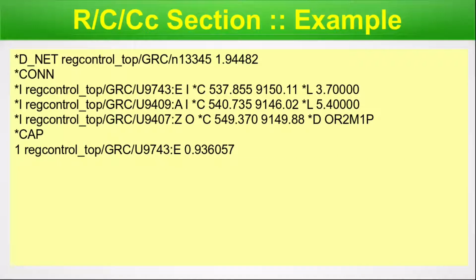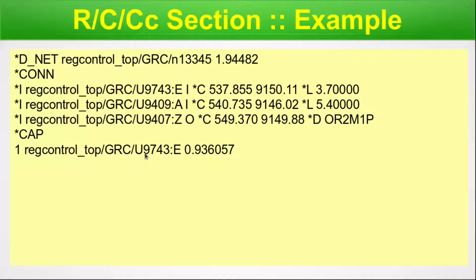The first capacitance of the cap section is a simple capacitance. The first field is the capacitance count number, which here starts with 1 and is incremented by 1 for any subsequent capacitors. You will see as the example proceeds. The next field in the line is the net name including the pin name, separated with a colon at the last.